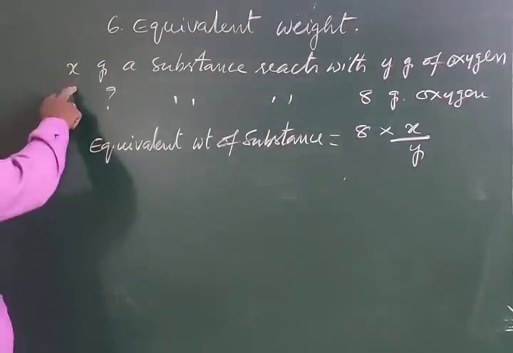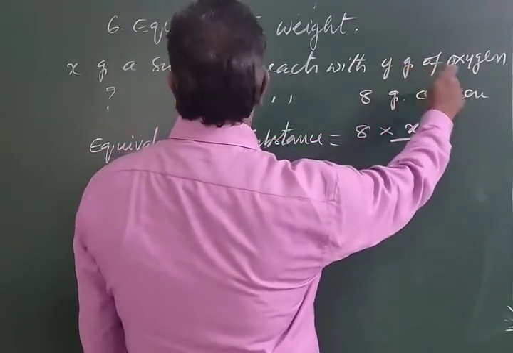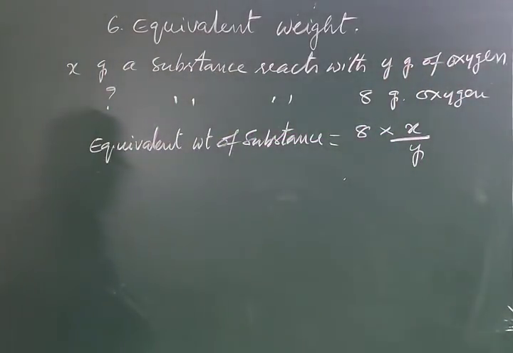What is X? X is the amount of substance and Y is the amount of oxygen.